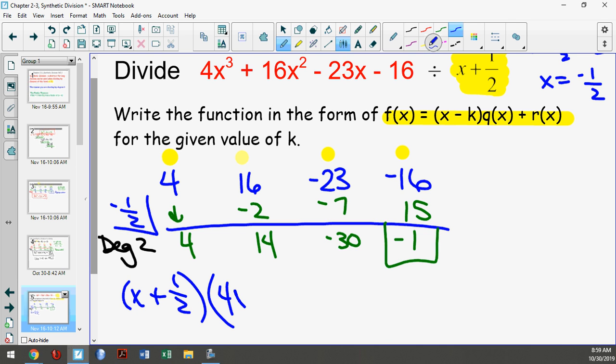So that's going to be 4x squared plus 14x minus 30 minus a 1. And that's simply writing it in a different form. Are we good? We good? Okay.